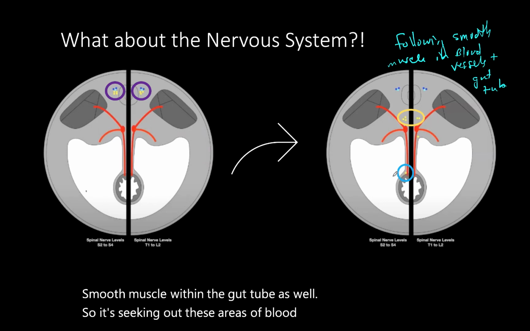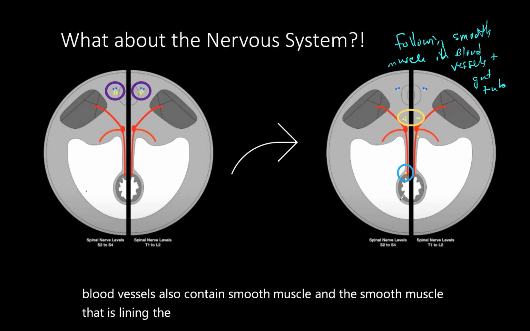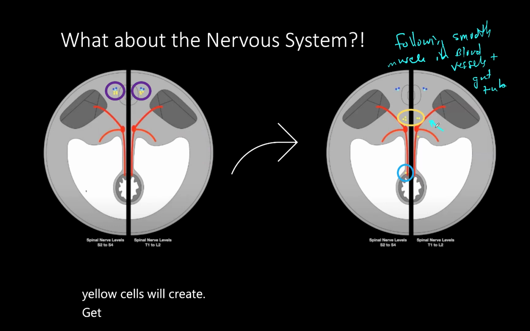And by the way, blood vessels also contain smooth muscle, and the smooth muscle that is lining the gut tube. And what these yellow cells will create, get ready for this, they will create the ganglion that we see within the peripheral nervous system.